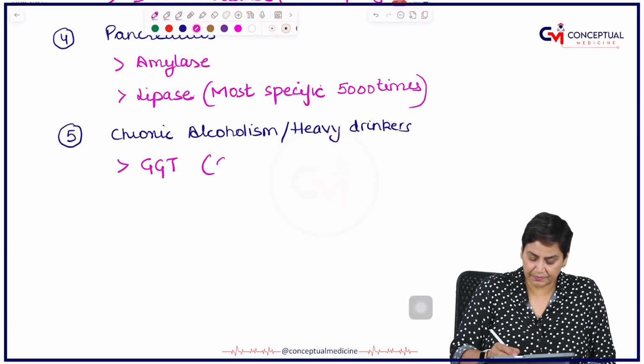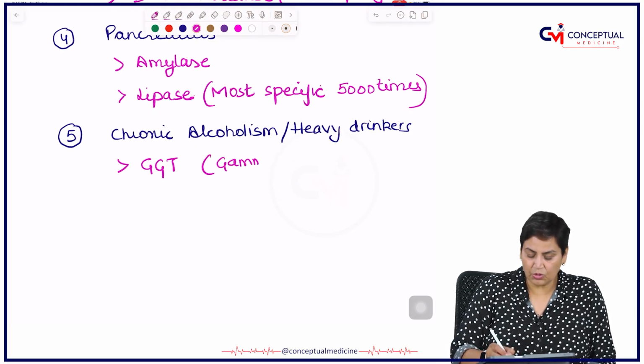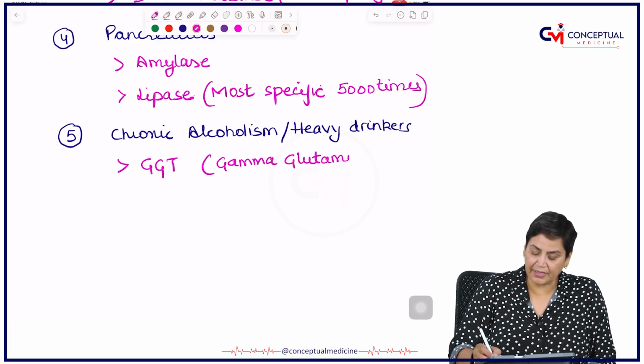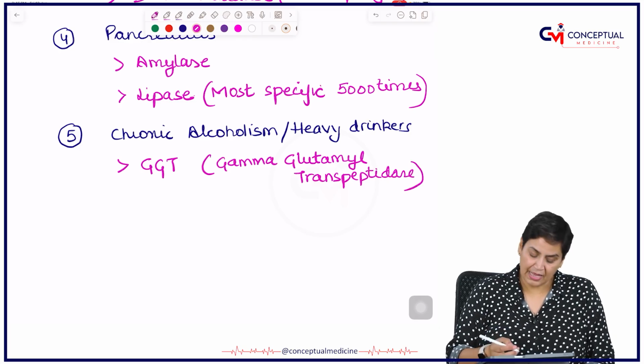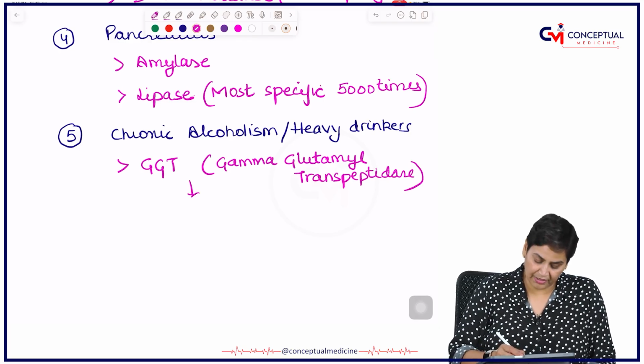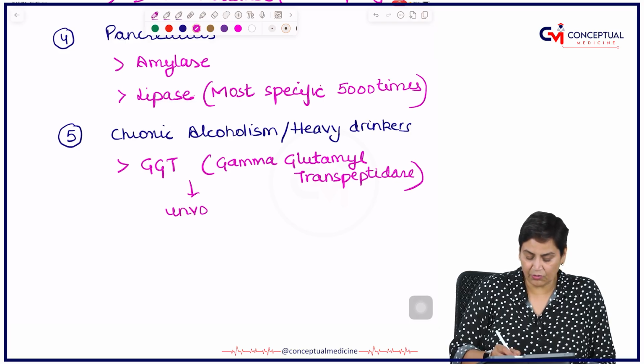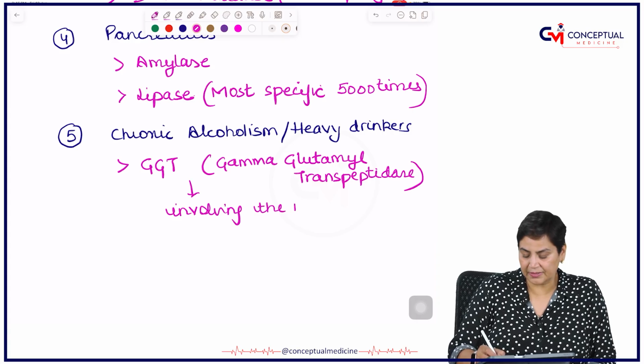Gamma glutamyl transpeptidase. Very important. And because it is involving the microsomes, that is why.